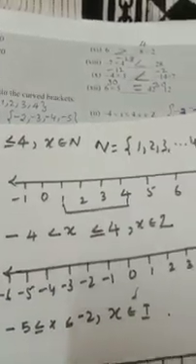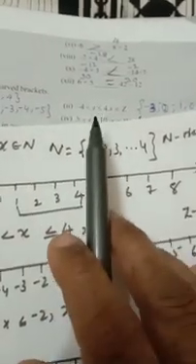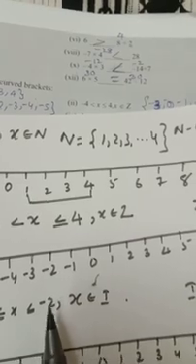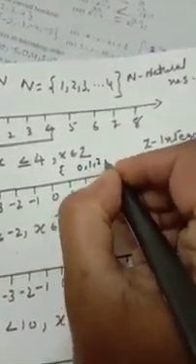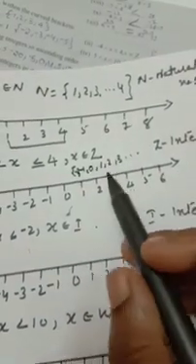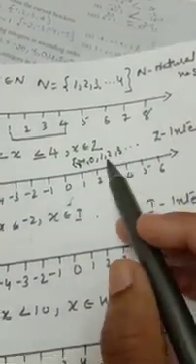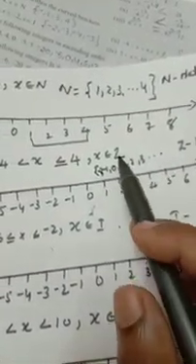Now next: -4 is less than x, which is less than or equal to 4, x is an element of integers. Which are integers? 0, 1, 2, 3, etc., and on the left side of 0, -1, -2, etc. Negative numbers and positive numbers including 0 are called integers.